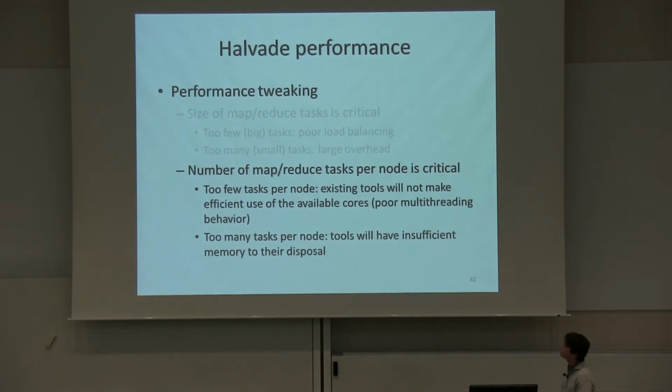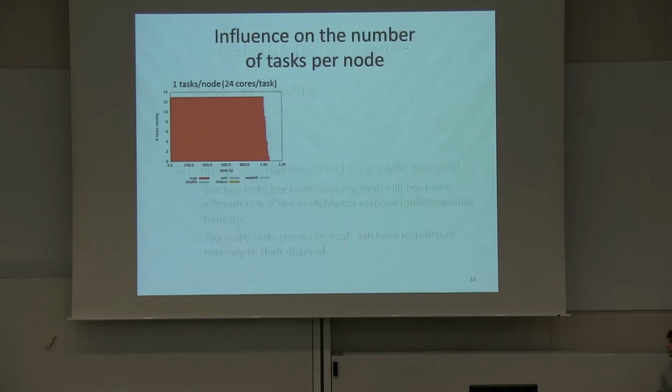The second thing that is important for optimal performance is the number of mappers and reducers that you're going to run per node. If you have nodes that contain, I don't know, 24 CPU cores or 32 CPU cores, and you run a single instance of GATK, you're not going to get a very good speedup compared to single-core performance.